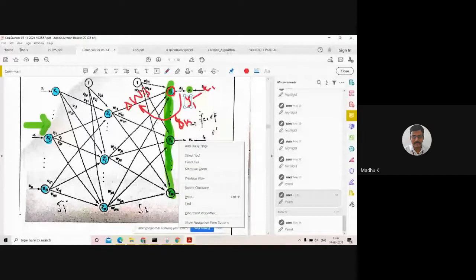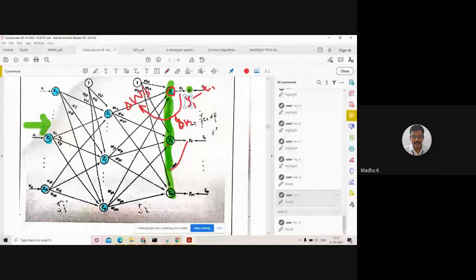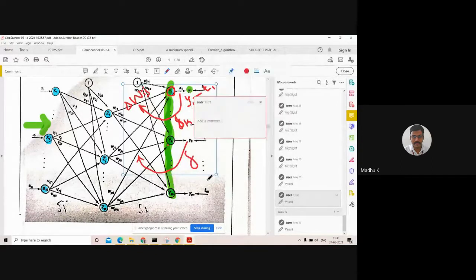Basically, we find the change in weight using the error term in the output layer. Rho k is the error term in the output layer. That is called the back propagation phase.